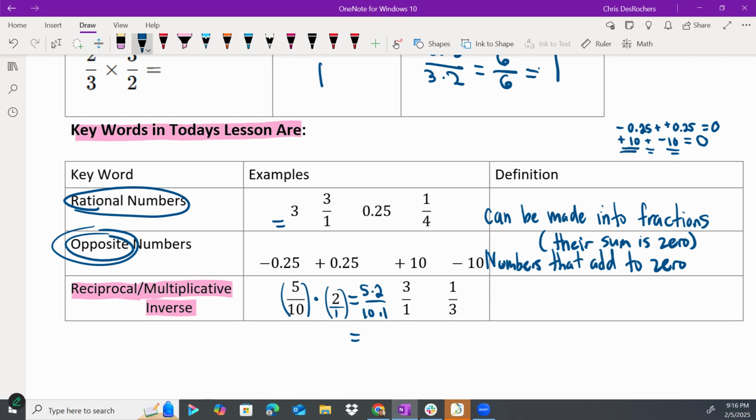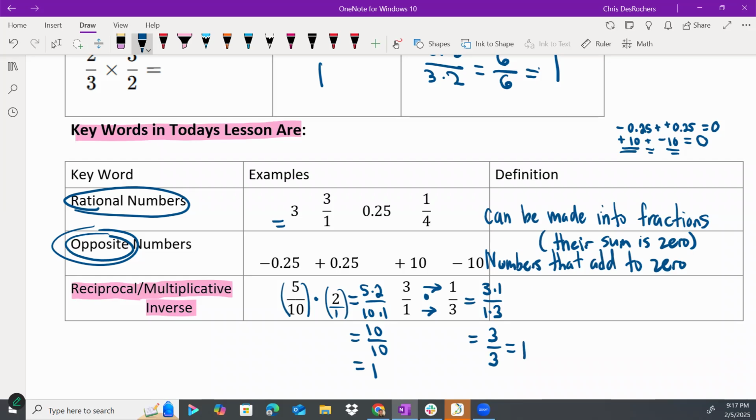And that would be equal to 10 over 10. And 10 over 10 is equal to 1. Well, what do you think is going to happen when you multiply 3 over 1 times 1 over 3? Well, that's going to be equal to 3 times 1 over 1 times 3, which is going to be equal to 3 over 3, and that equals 1.